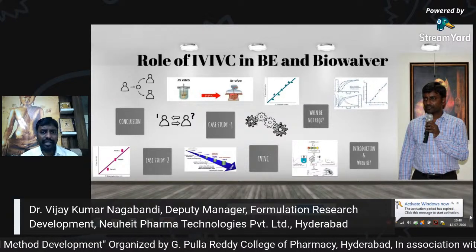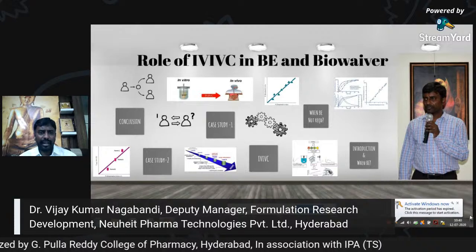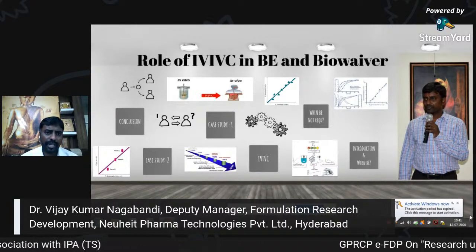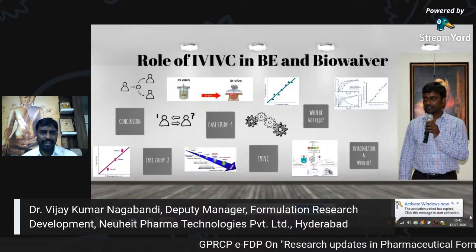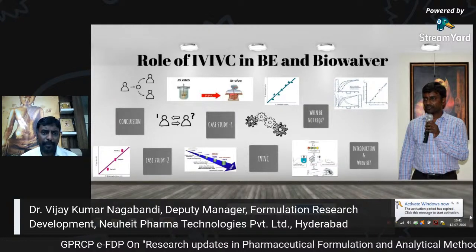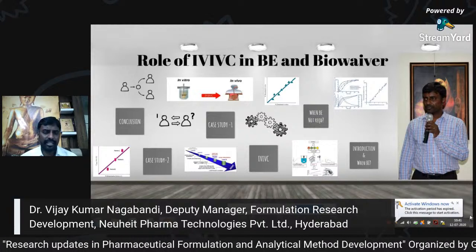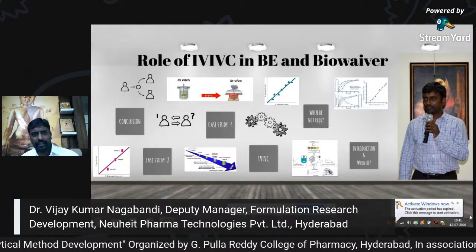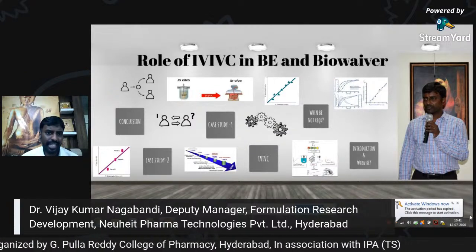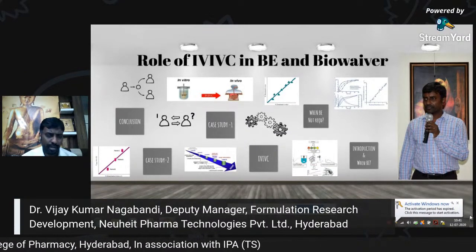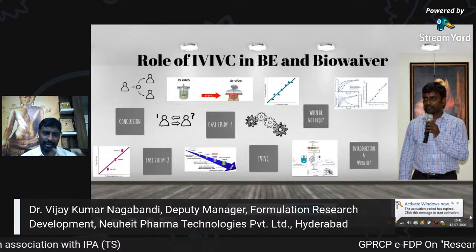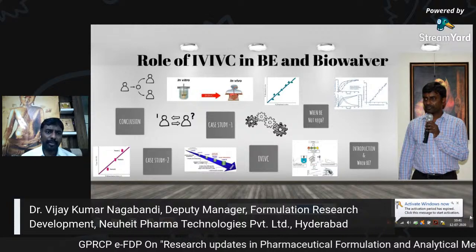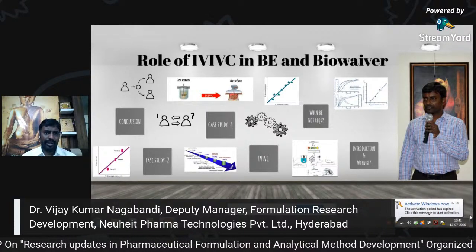The objective of generic research is only to bring a copycat of the existing innovator molecule into the market at low cost, because the innovative pharma company has done so much elaborate research through preclinical and phase 1, 2, 3 clinical trials. Even after bringing the molecule, phase 4 continues as post-marketing surveillance. That requires more time and more money, so the cost of the innovative product is very high and cannot be afforded by middle class or below middle class people.